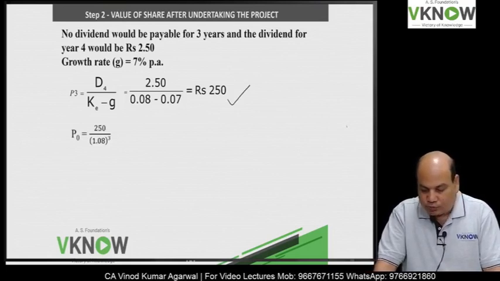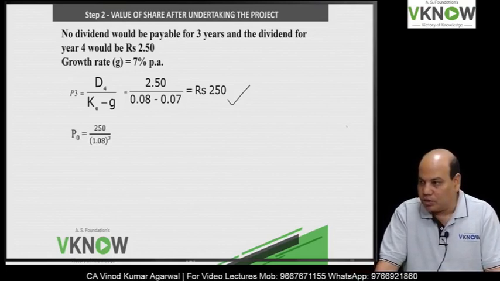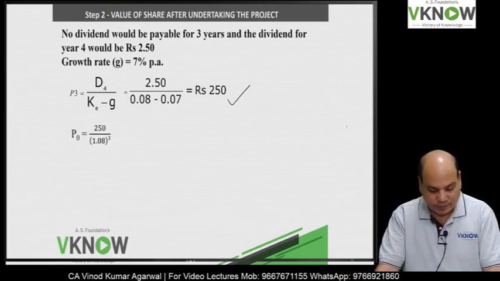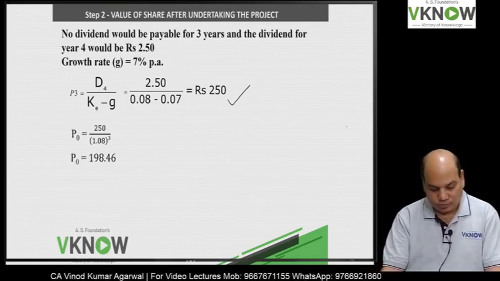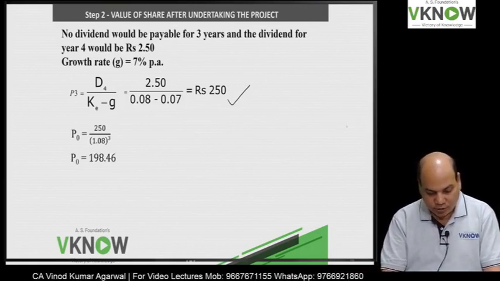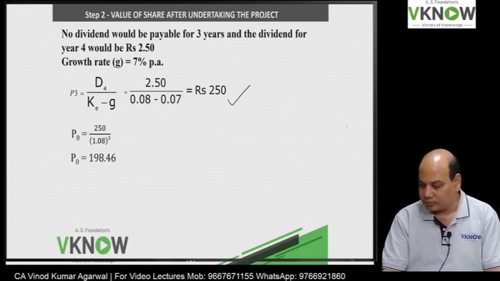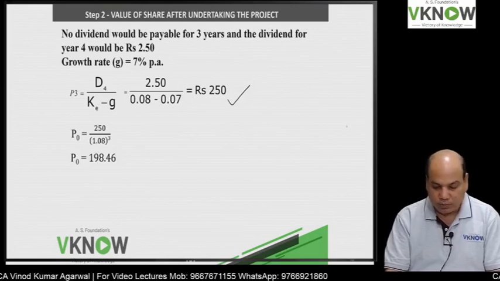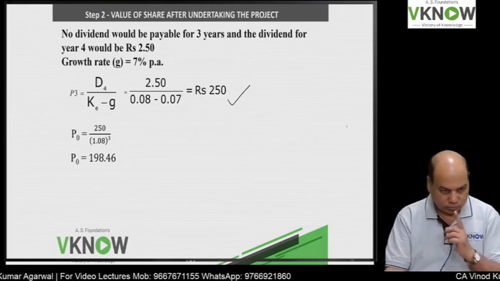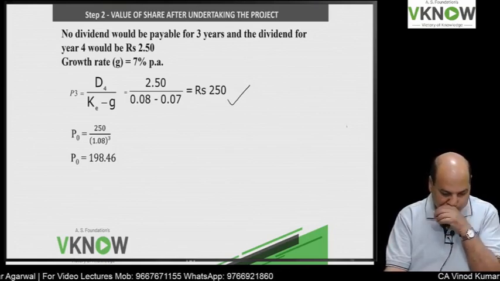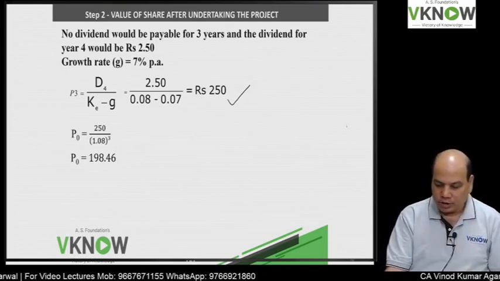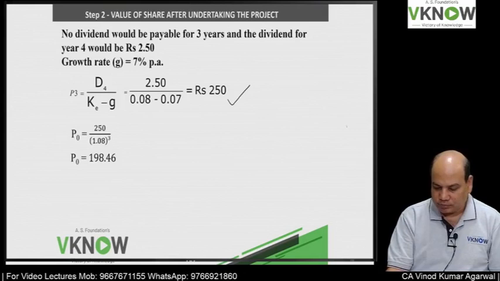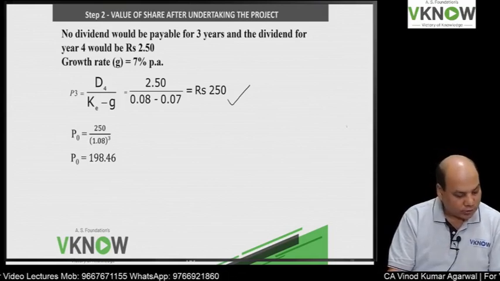P0 will be equal to 250 divided by 1.08 to the power 3, which is equal to 198.46. Yes, 198.46 is also okay. So this is your first answer.